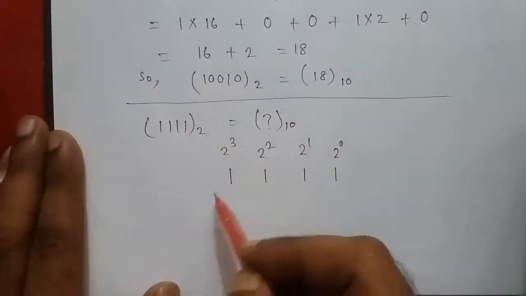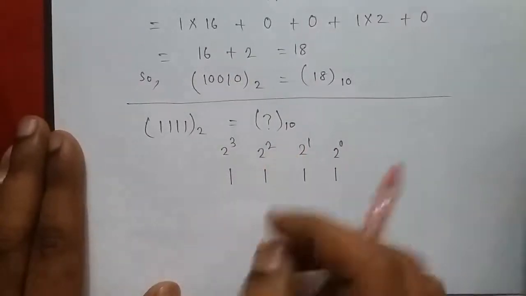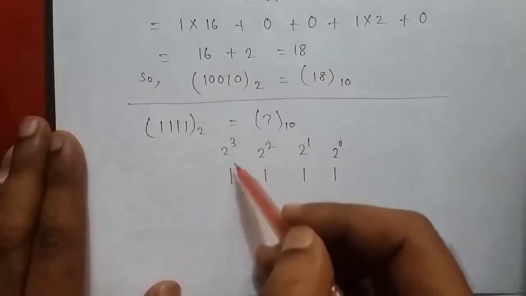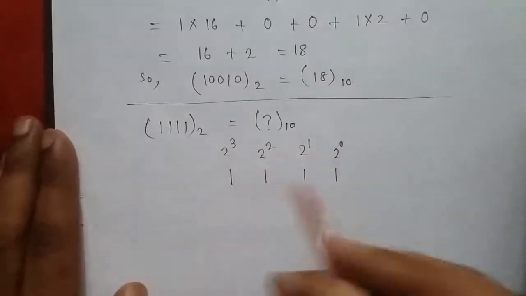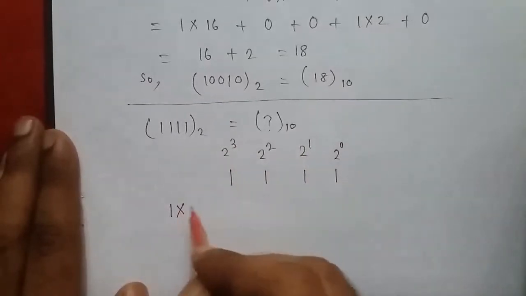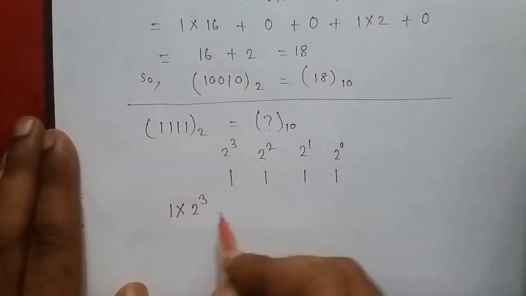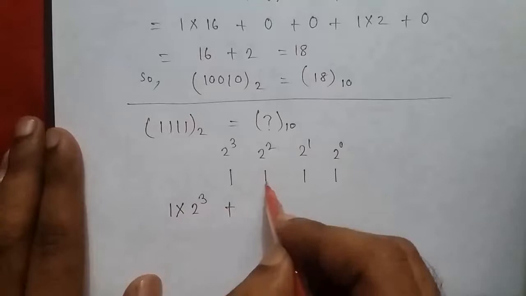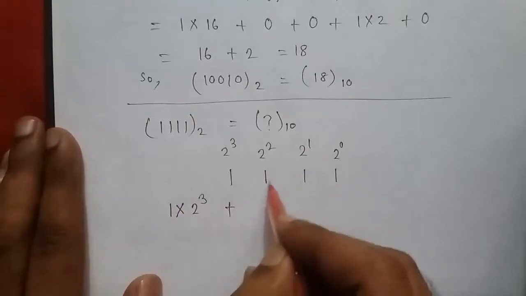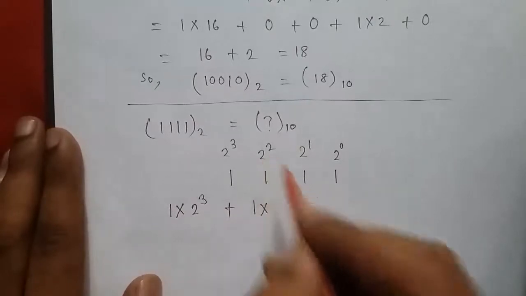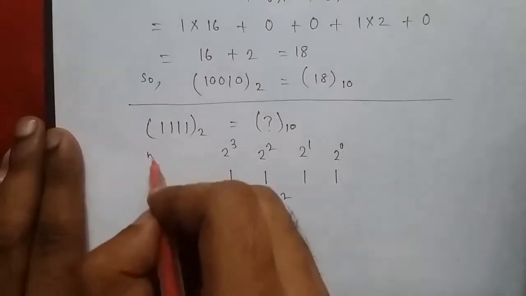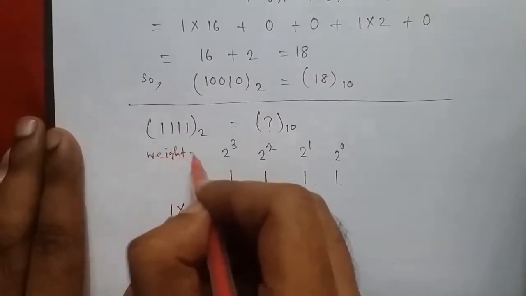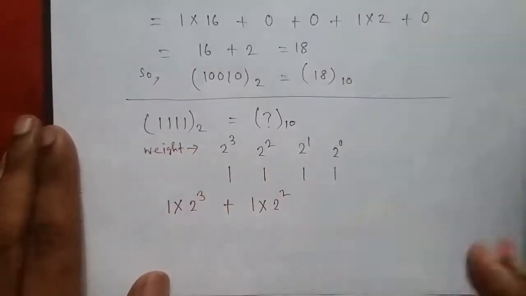And now multiply to get the place value of every bit. So the place value of this one is face value into the weight, that is 1 into 2 to the power 3, plus 1 into 2 square. These are the weights, the weights of the positions.